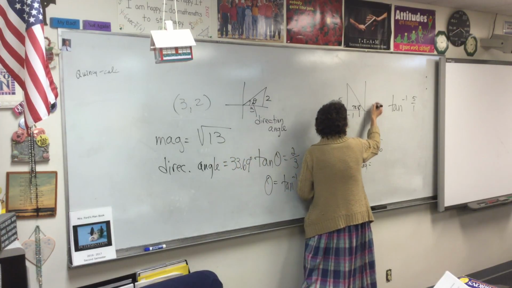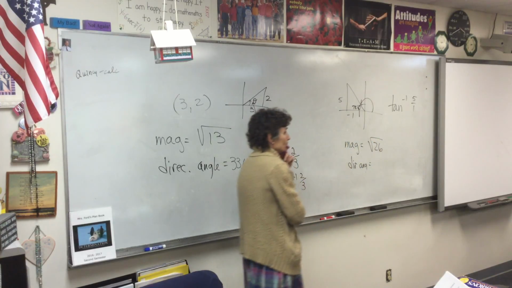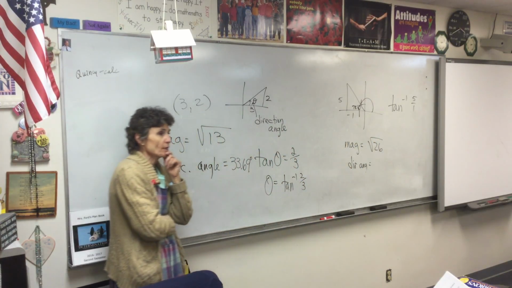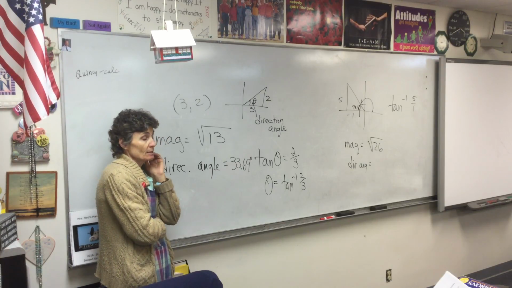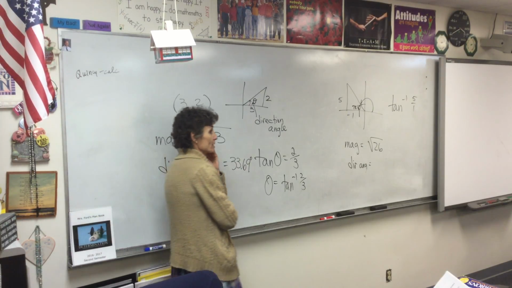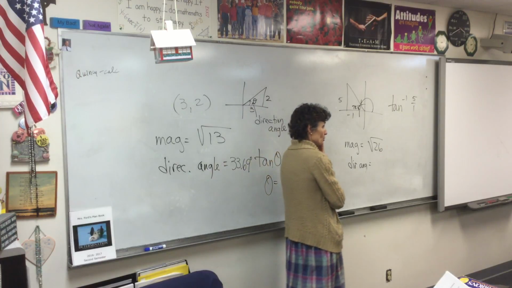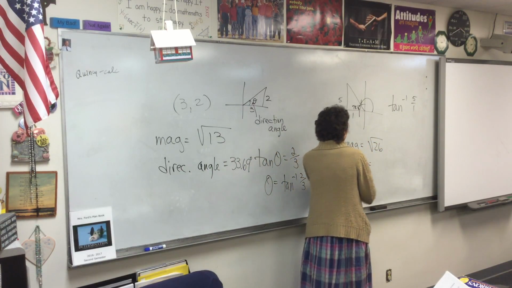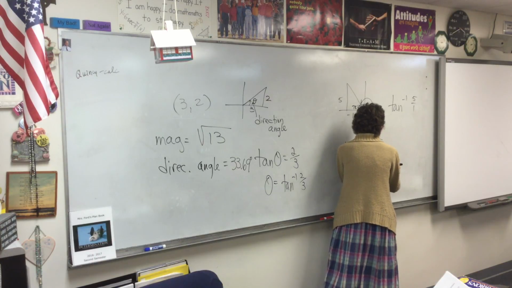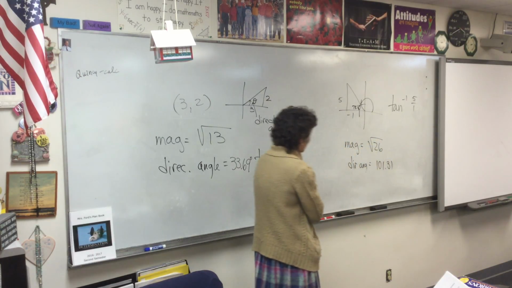It can't be negative. This is the angle. The direction angle is in standard position, so it's over there in quadrant 2. How big would it be? 101.31 if I subtract it right.